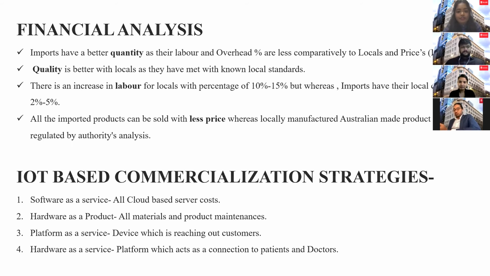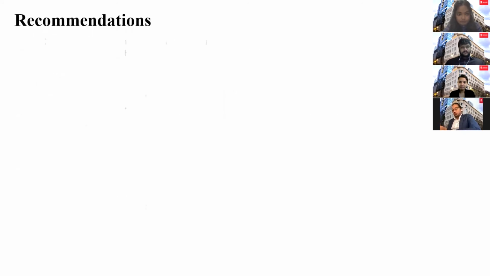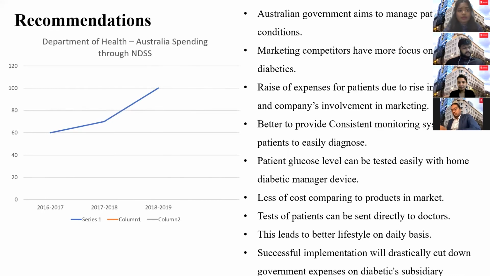And coming to the recommendations, after viewing the project and looking at the graph, the Australian government is spending more than 1 billion over 4 years from 2018 to 19 to support Australian diabetic patients in self-managing their conditions. So government and companies are both focusing on curing diabetes. That's the reason there is an increase in expenses for diabetic patients to manage.